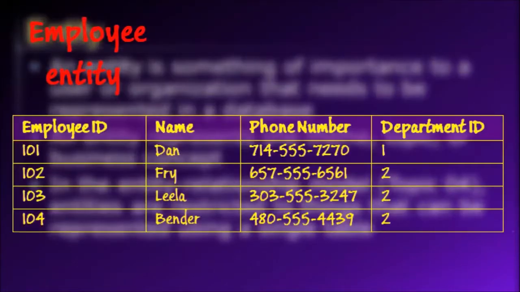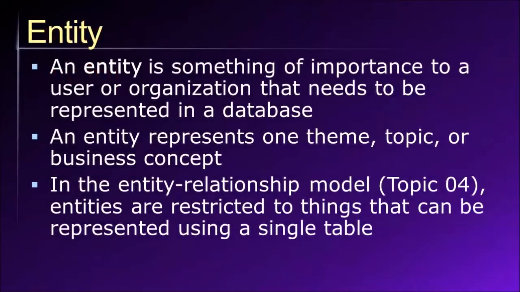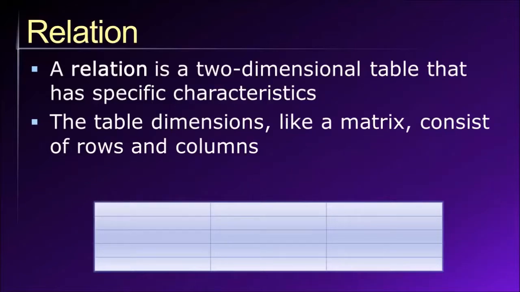Using the employee example, we may want to track the employee's name, the department in which the employee works, the employee's telephone number, and so forth. We are going to be learning much more about entities when we explore our fourth topic, which will address the entity relationship model.